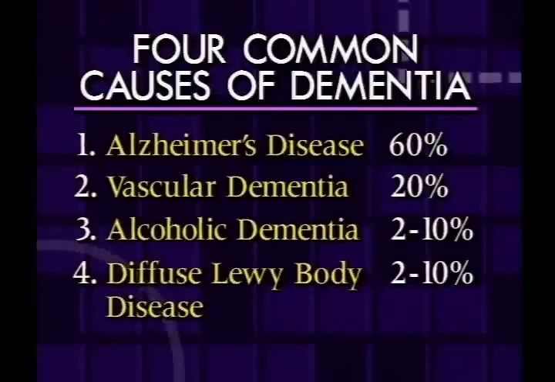Well, we now know that only about 20% of individuals with dementia actually have vascular dementia. Alcoholic dementia is probably the third most common, accounting for anywhere between 2 and 10% of all cognitive loss. And a new disease called diffuse Lewy body disease, which we won't have time to talk about today, accounts for probably the 4th leading chunk of dementia.